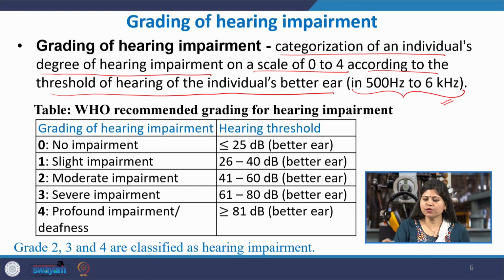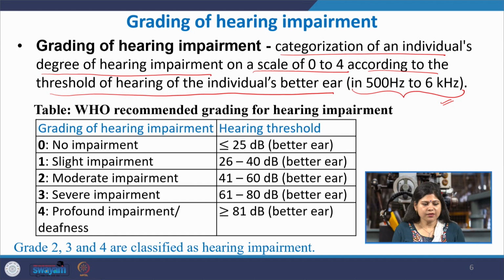This zone is selected because, from the equal loudness contour, we know our hearing is most sensitive in this region, and this is where the maximum of noise sources generally found in nature are present. So, this zone has been used as a reference zone to ease the calculation, and within that zone the average threshold of hearing is found.